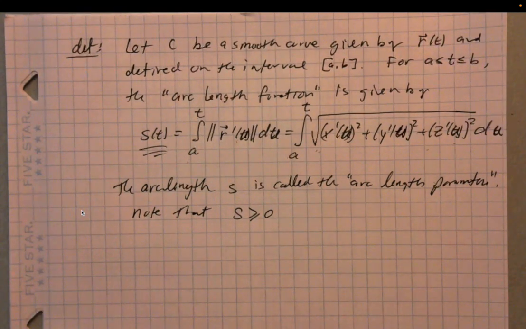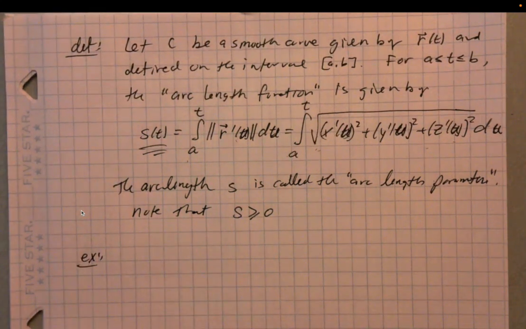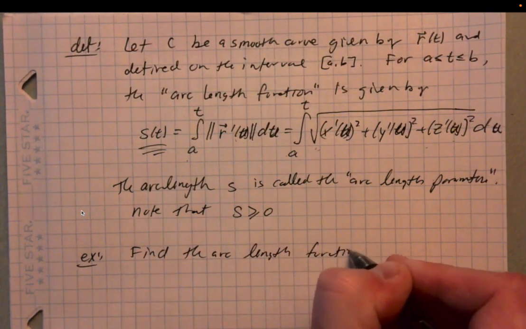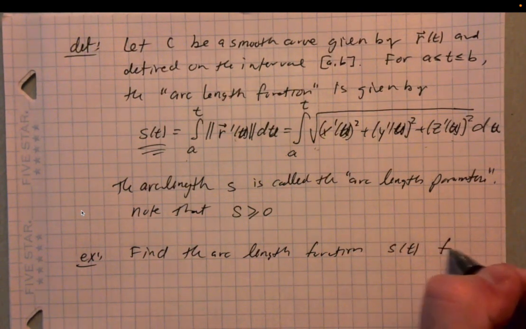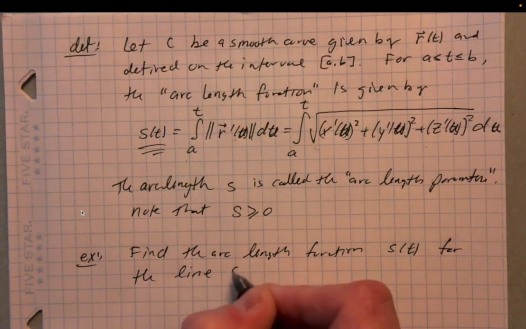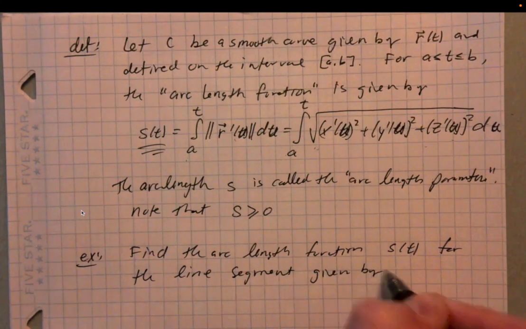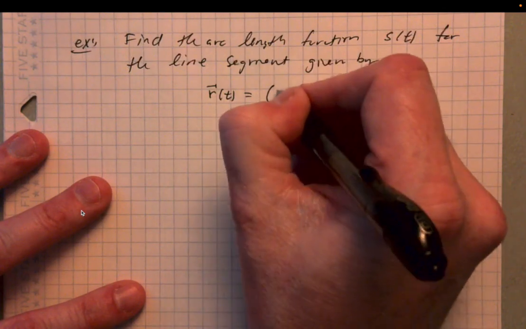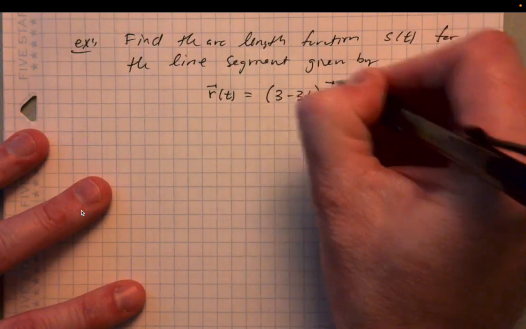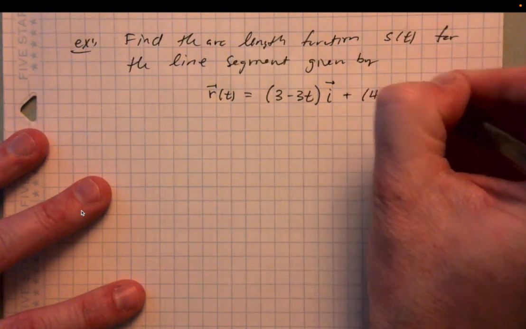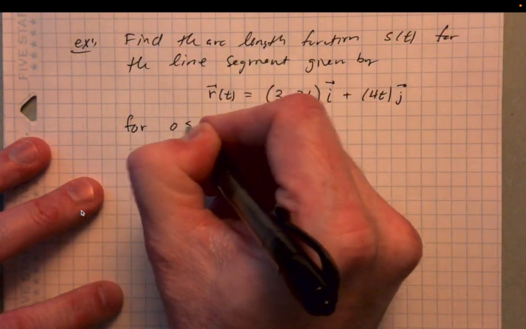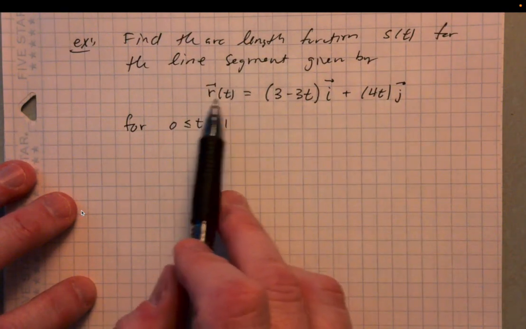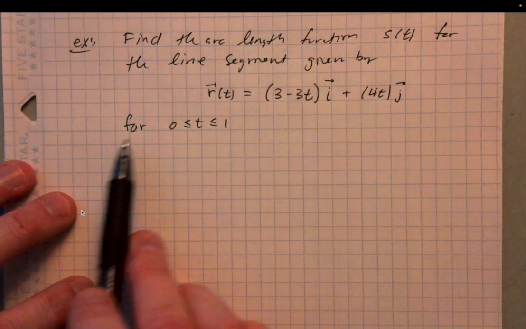Okay, let's do an example and see how this works. Let's find the arc length function s of t for the line segment given by r of t equals 3 minus 3t times i plus 4t times j, for 0 less than or equal to t less than or equal to 1.